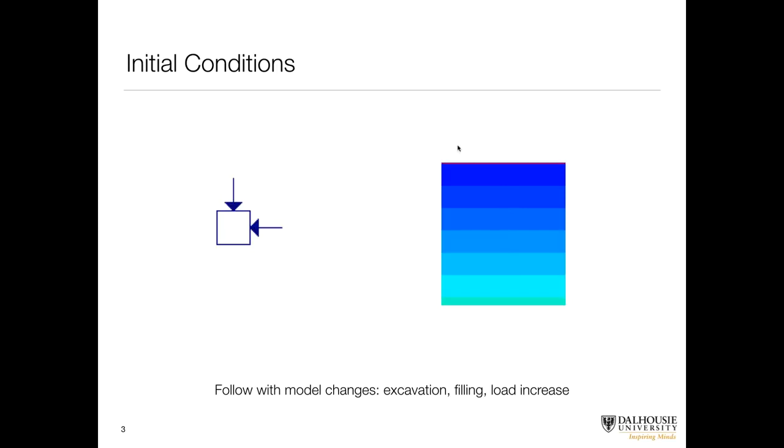So after you have your initial conditions set up, in most models the next thing to do is to follow that with changes in the model boundaries or stress conditions, like carry out an excavation, which is introducing a free boundary surface, or filling in some kind of slope or dam or embankment, or increasing the load with a foundation.